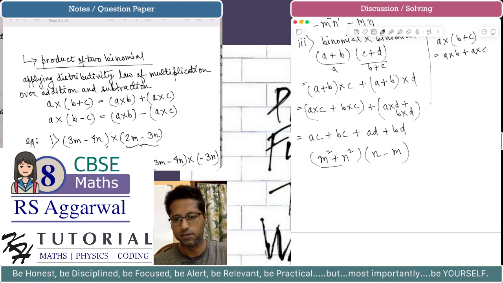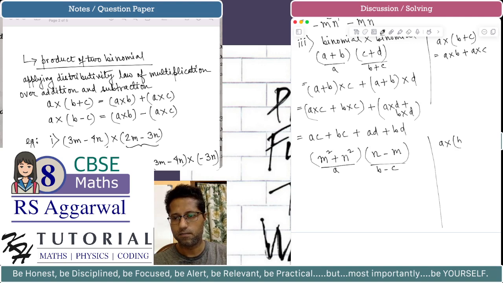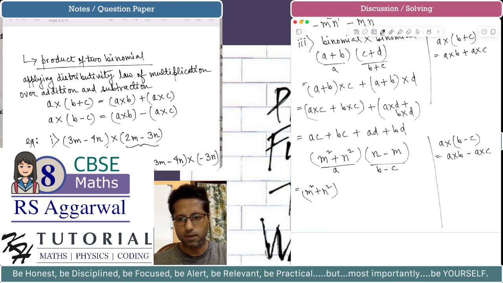So you consider this as A and this as B minus C. Since the binomial is n minus m, consider it as B minus C. And now we know that A multiplied by (B minus C) is equal to A multiplied by B minus A multiplied by C. Using this concept, it will be (m square plus n square) multiplied by n minus (m square plus n square) multiplied by m.